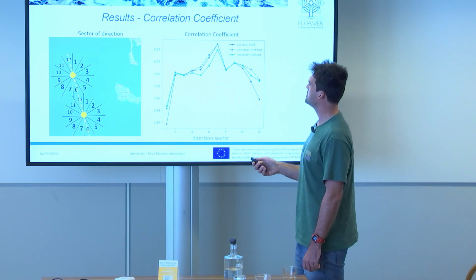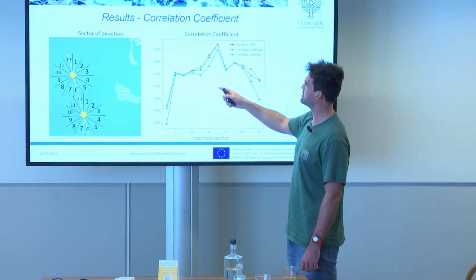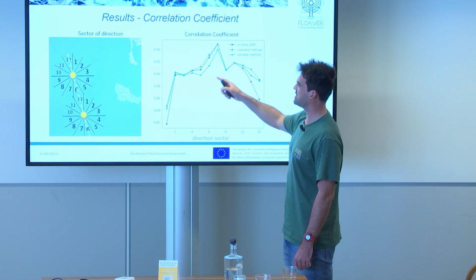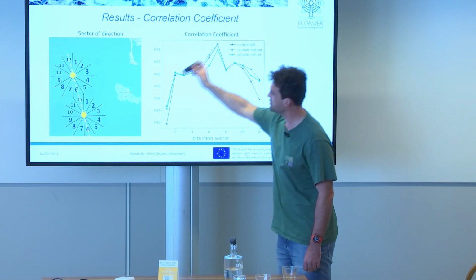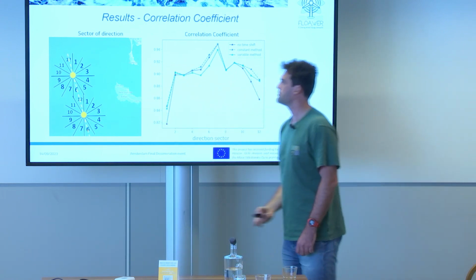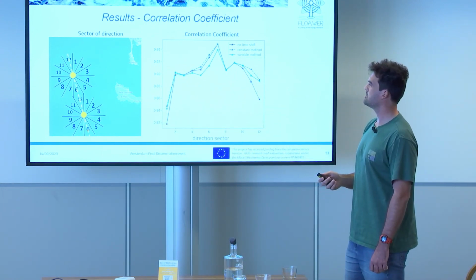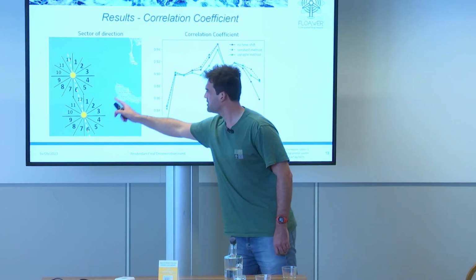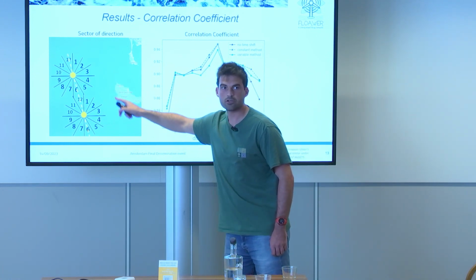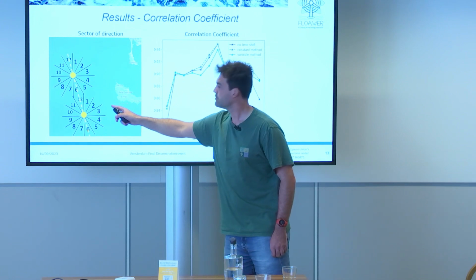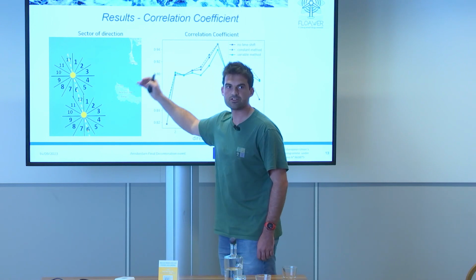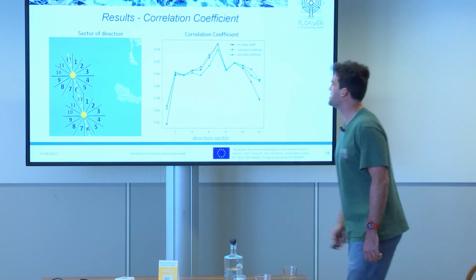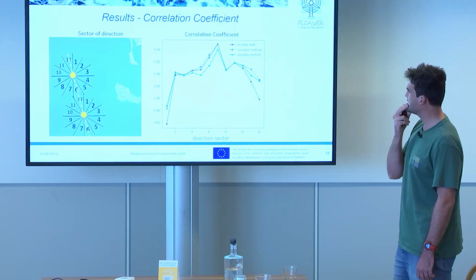But indeed, the correlation coefficients are quite high when the wind is going through the island here. I would say it's because of the distance. Maybe if it was closer, the island would have more influence. But here, maybe the wind has time to recover from the island.